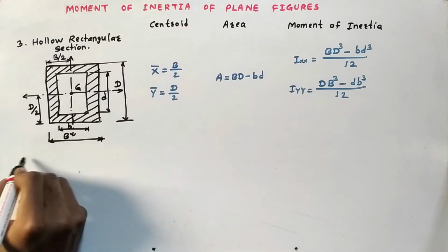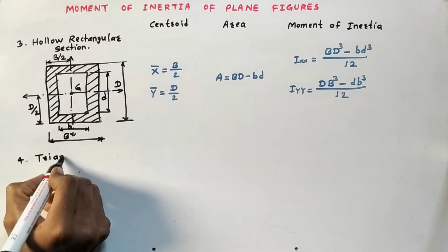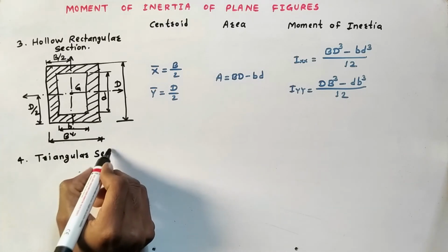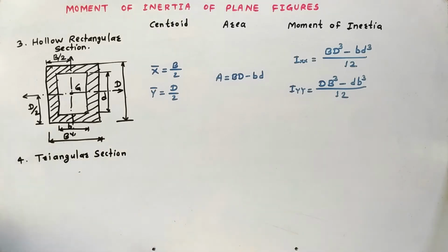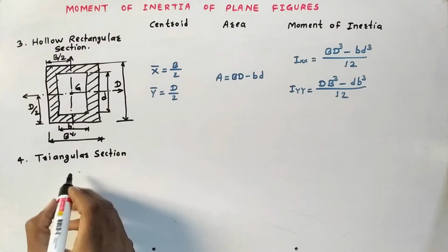Now the fourth section is triangular section. For the triangular section, let us see.